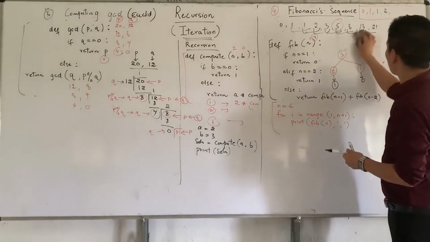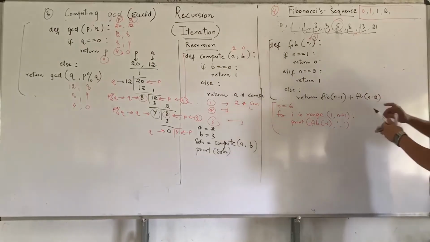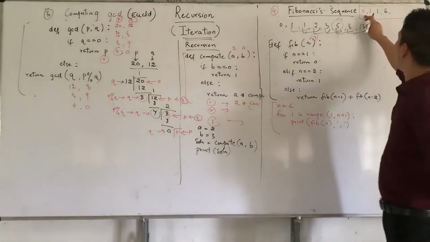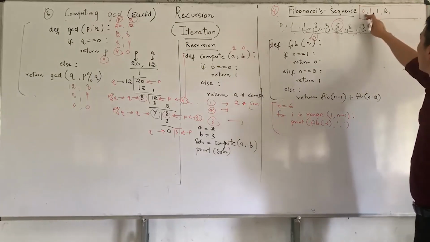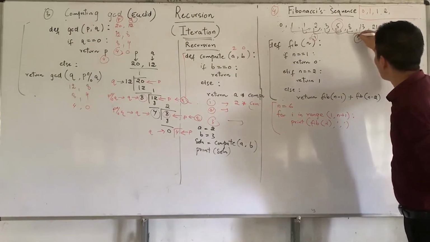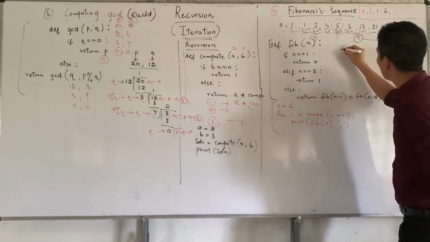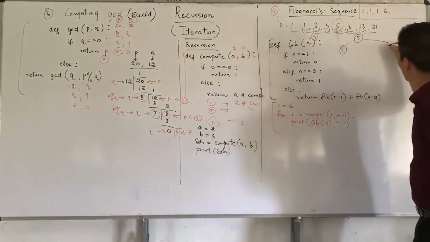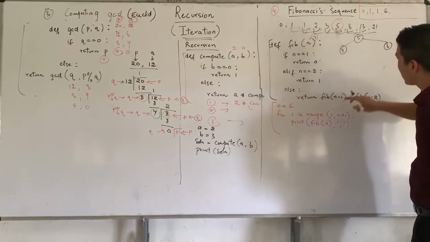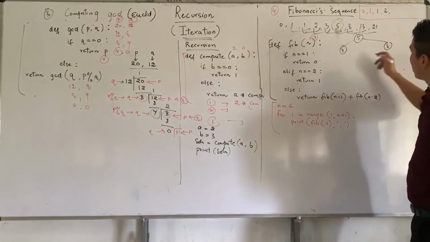And then we'll go for the next value. The next value of n is 1, 2, 3, 4, and then you have 5 here. Alright? You have 5, and then 5 will be broken into two parts. You will have 4 and 3, 5 minus 1 is 4, 5 minus 2 is 3.